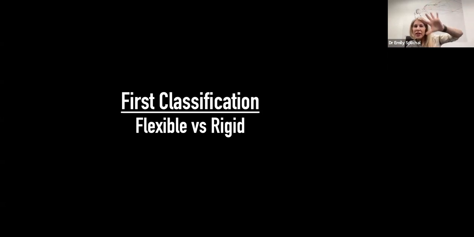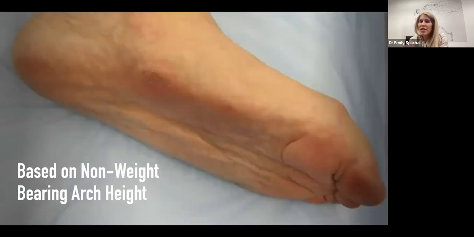Okay? If it is flexible, that's the one that we're going to talk about first, right? Is it a flexible flat foot? Okay. The flexibility of a flat foot is dictated by the presentation of the foot, non-weight bearing and weight bearing.